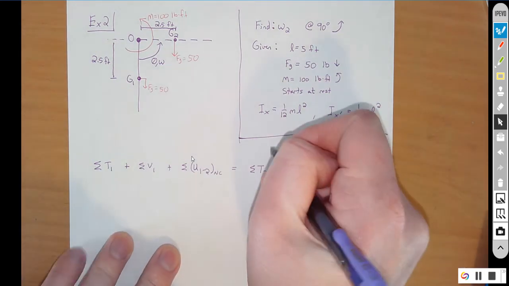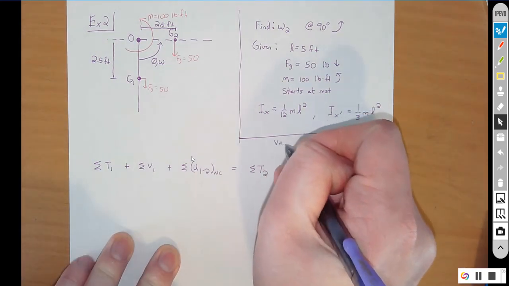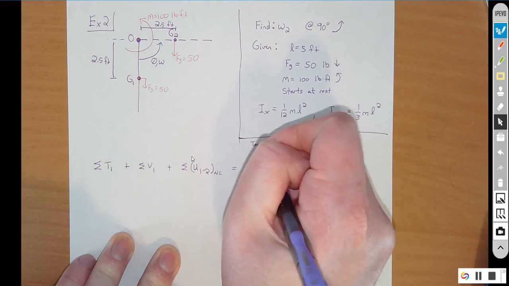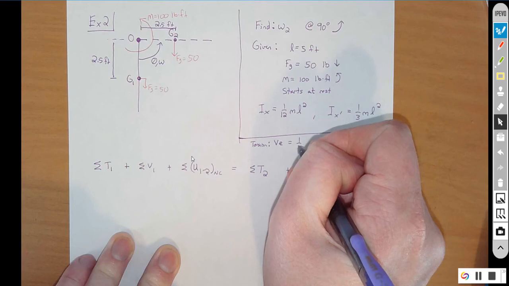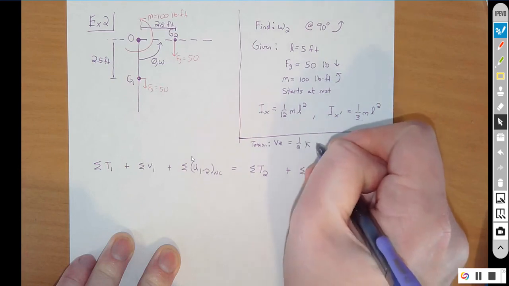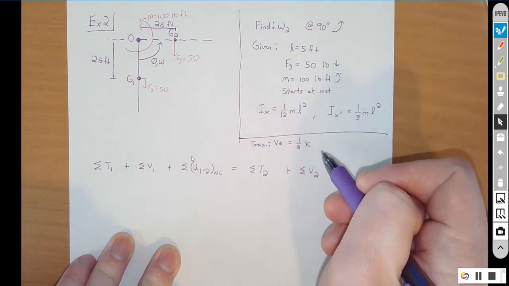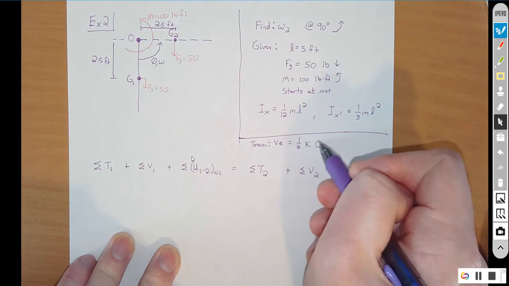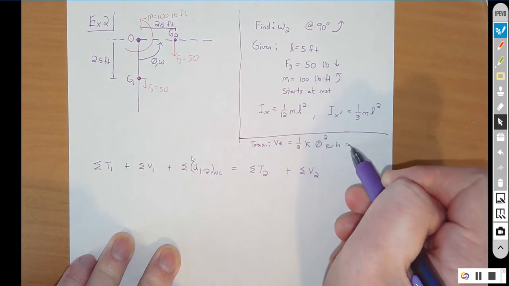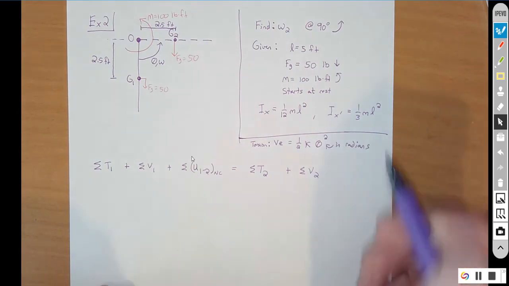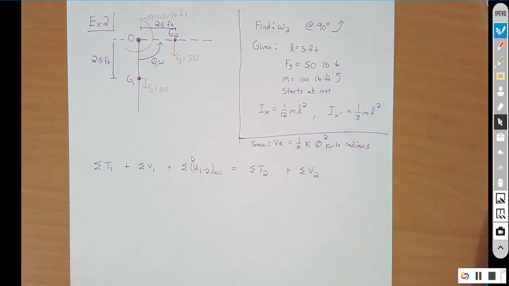So if you ever needed that equation, VE, so this is for torsion, it would be 1/2 k, and this k will have different units if it's for a torsion spring, and then theta squared, where this theta is in radians. Okay, so that's the other equation that you might need in your homework.